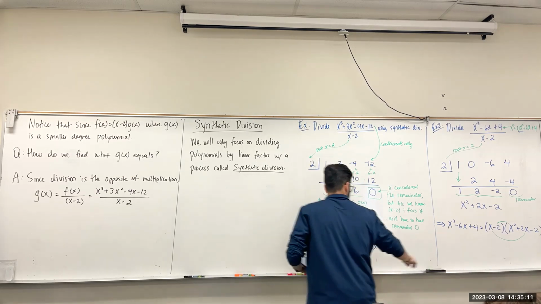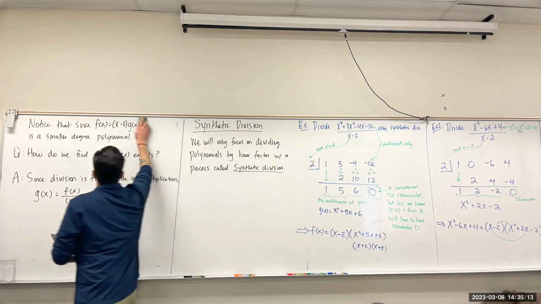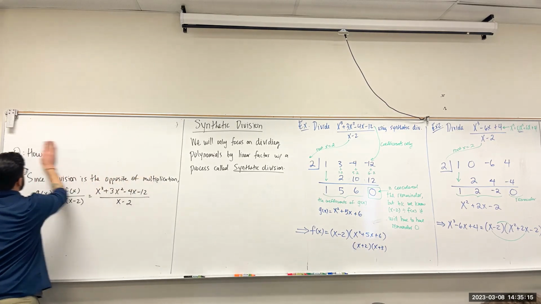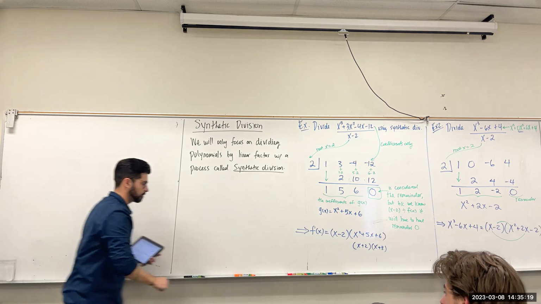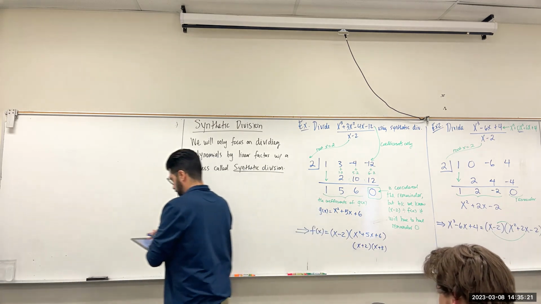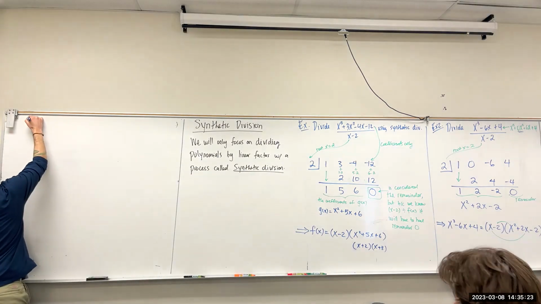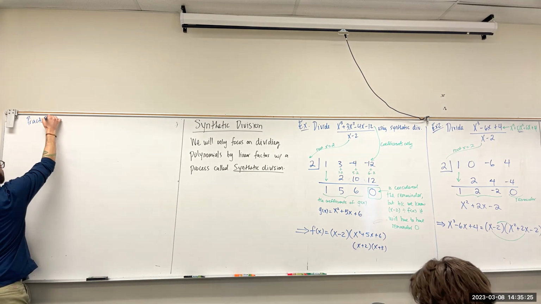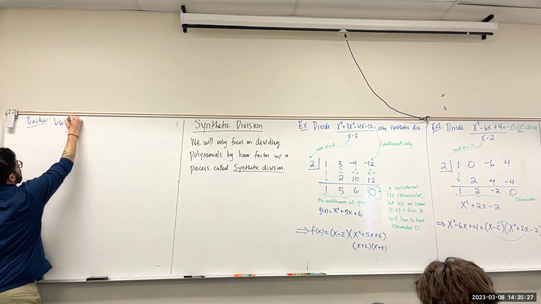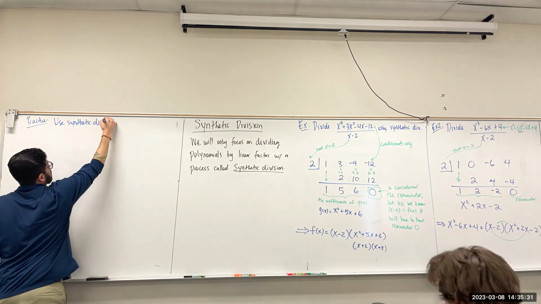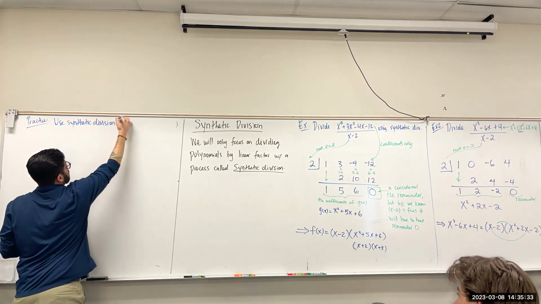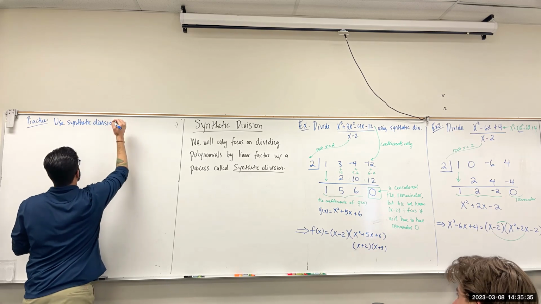Beautiful question. Let me give you guys these three, so you guys can practice. That was too much talking for me, I apologize. All right, let's see. Use synthetic division for the following.